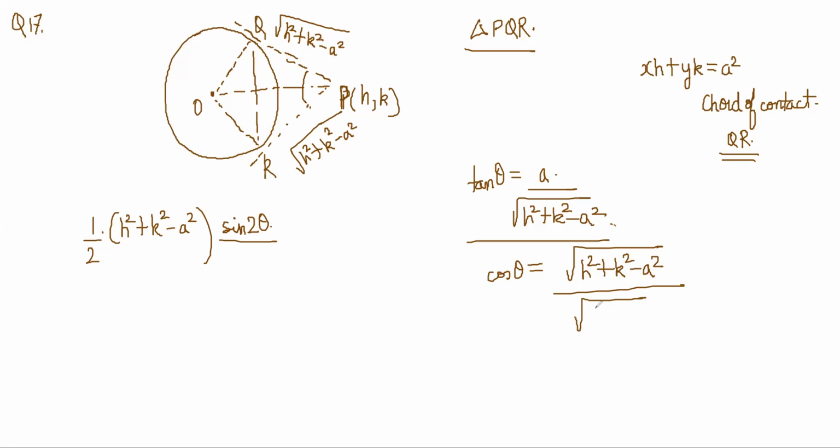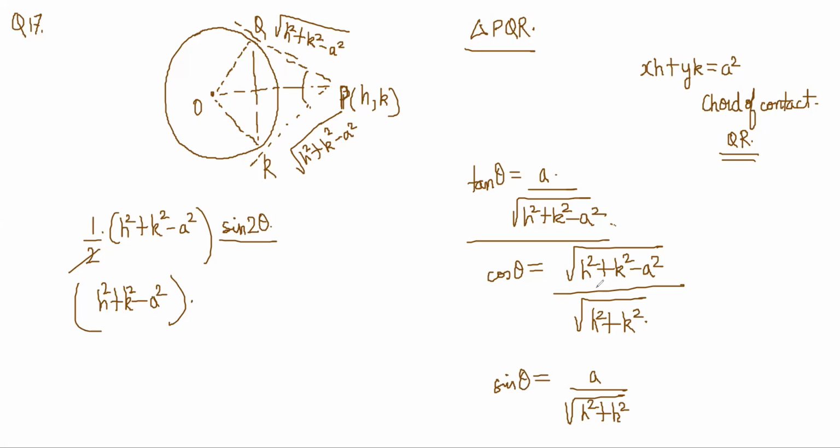Sine theta is equal to perpendicular by hypotenuse, so a by root over h square plus k square. So sine 2 theta is simply 2 sine theta cos theta, and the 2 will get cancelled. It is h square plus k square minus a square into sine theta cos theta, which is a into root over h square plus k square minus a square by h square plus k square.